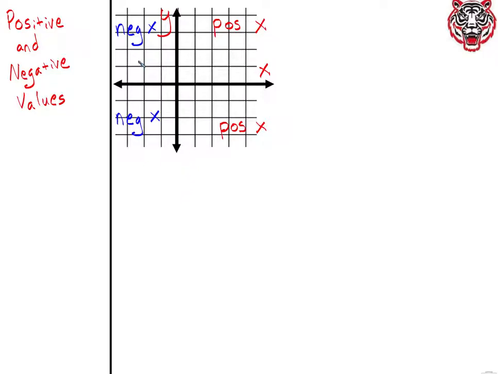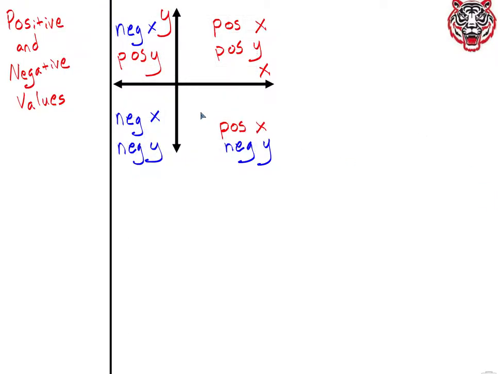Top is positive, so we can say positive y, and then on the bottom, opposites, so negative y and negative y. And maybe this is hard to read, so maybe I should just delete this background like this. Now it's easier to read.